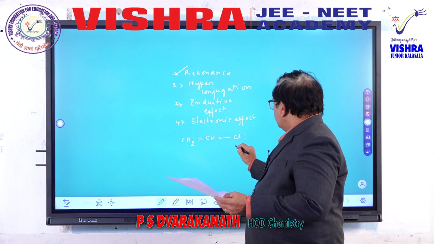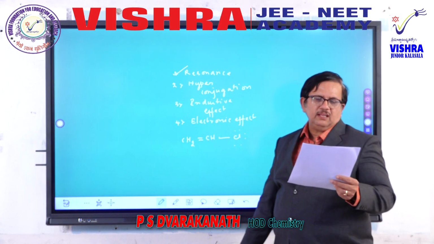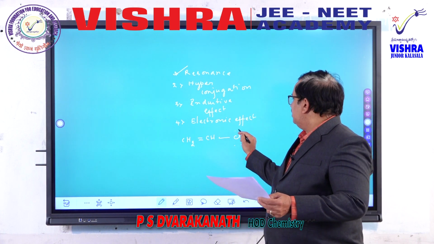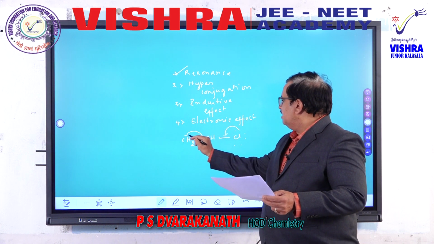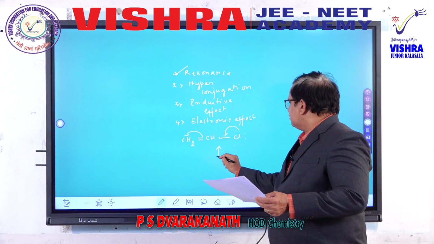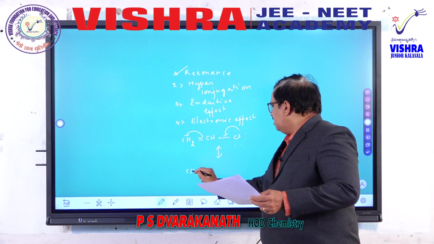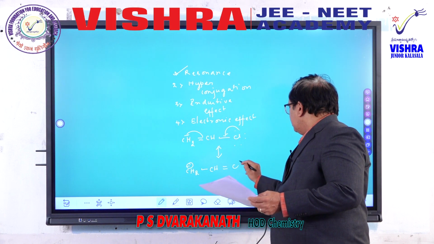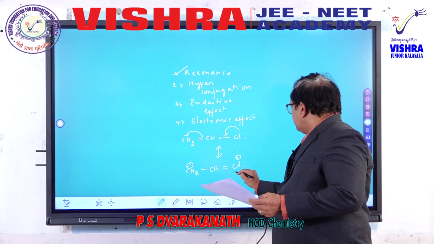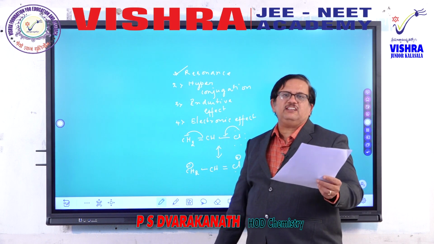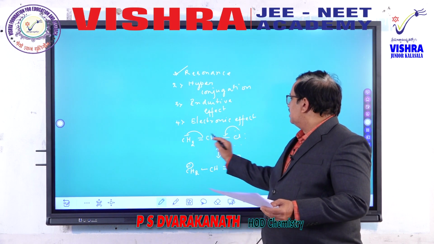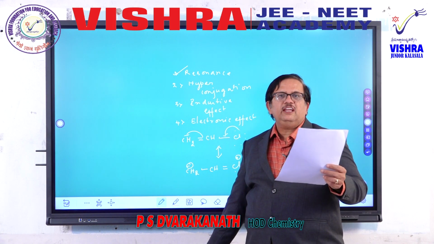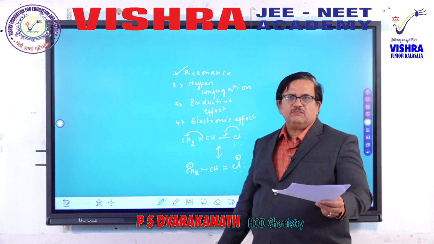Here, this is lone pair and this is pi bond, and as well as lone pair. These are in conjugation. Then they give rise to the resonance structures. Therefore, the lone pair and pi bond interact with each other when they are related like this. This is about the organic concept.